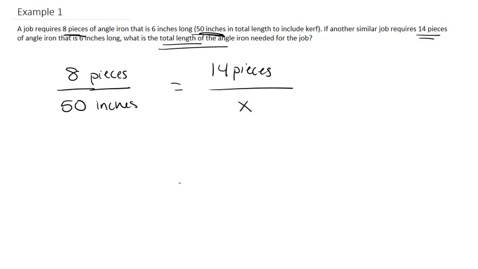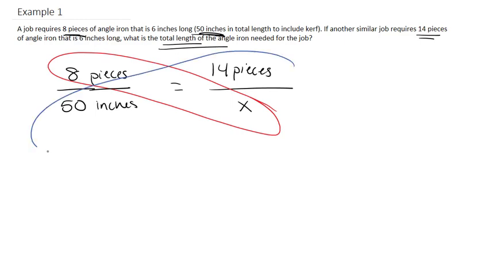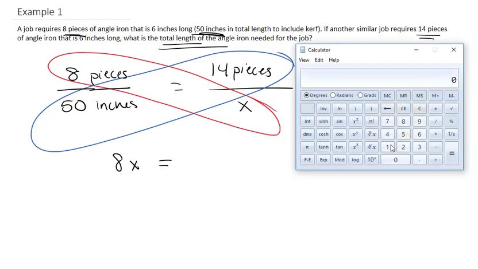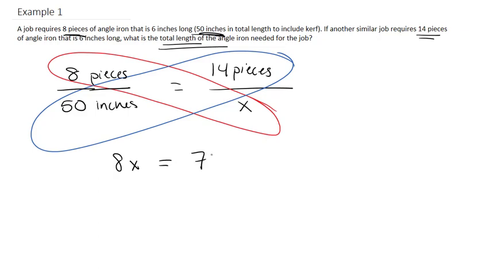So then we can go ahead and solve for this proportion. We can cross multiply these. So 8 times x is just 8x, which is equal to 14 times 50, and we get 700.